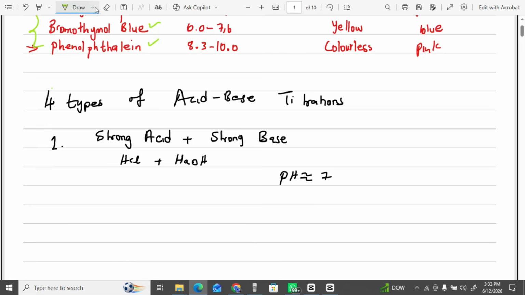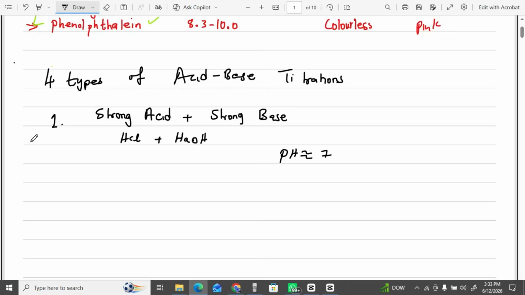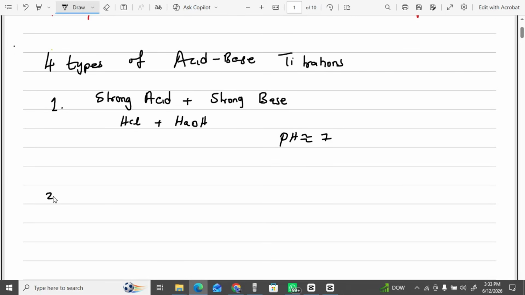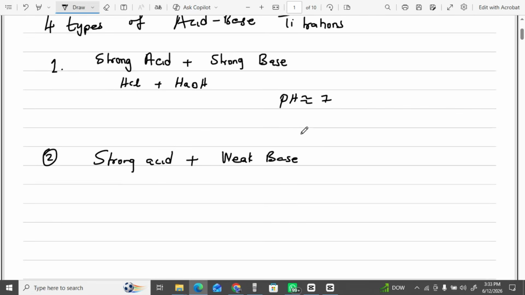So let's say we have the second titration. The second one is where you're going to have a strong acid and a weak base. You just have to know your tables, which ones are weak and which ones are strong. For a strong acid, hydrochloric acid is always the one I can think of.